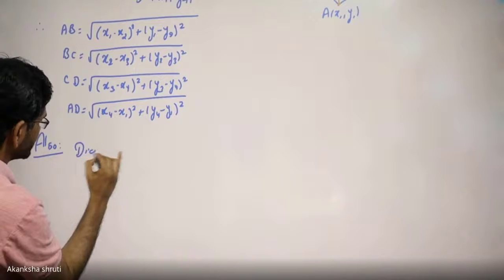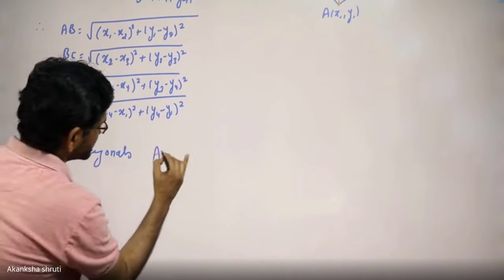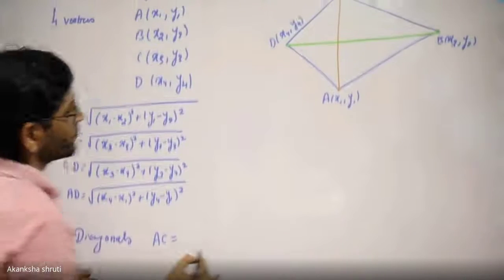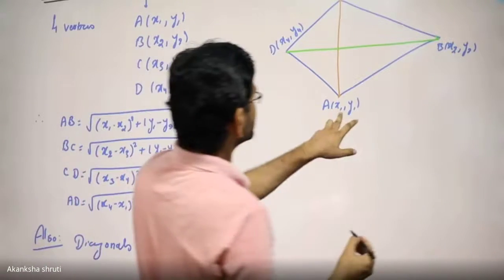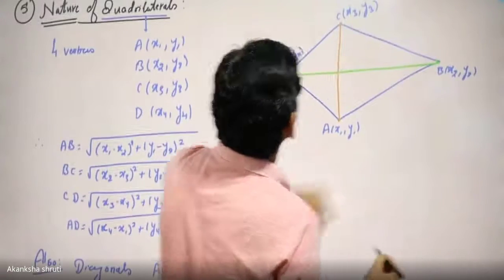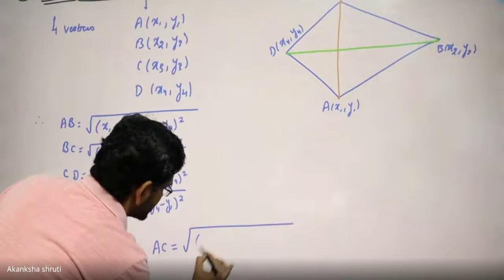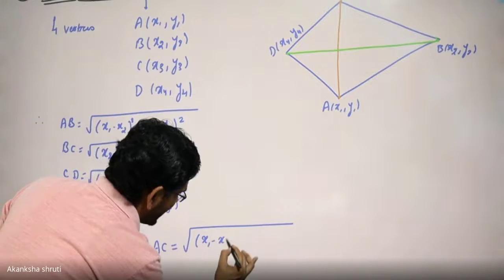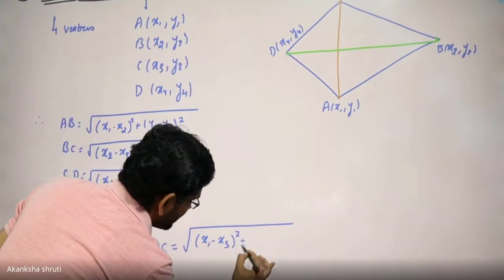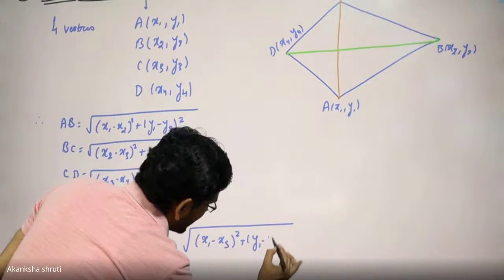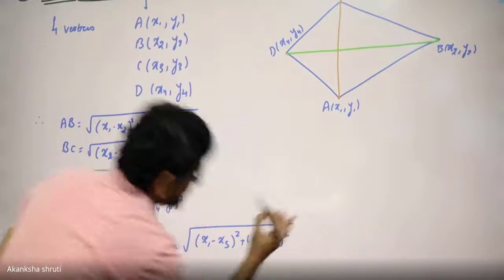One is AC. For AC, we need to take x1, y1 and x3, y3. So it will be the square root of x1 minus x3 square plus y1 minus y3 square.